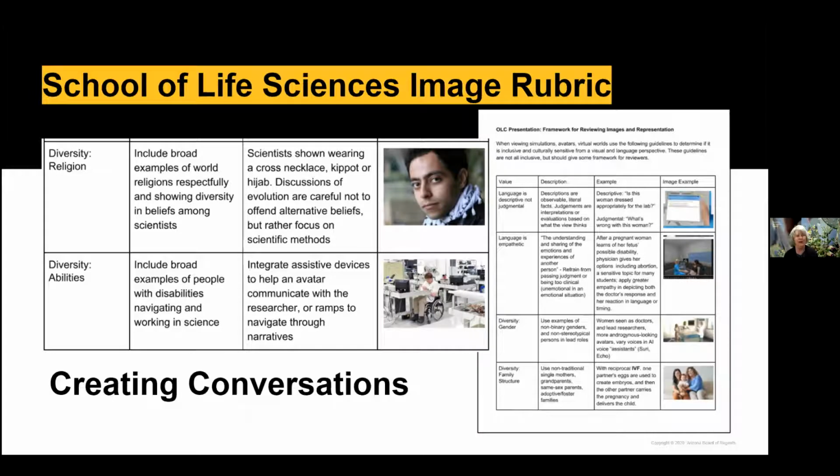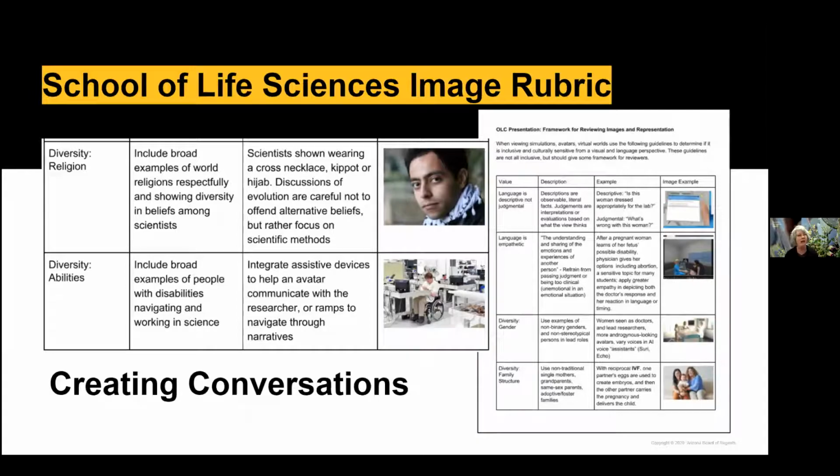What was nice is, for those of you that are familiar with the Peralta rubric, it connects really nicely with the E5 standard for Peralta, but it goes a little bit deeper. What we were really trying to do, overall, is to begin having conversations.